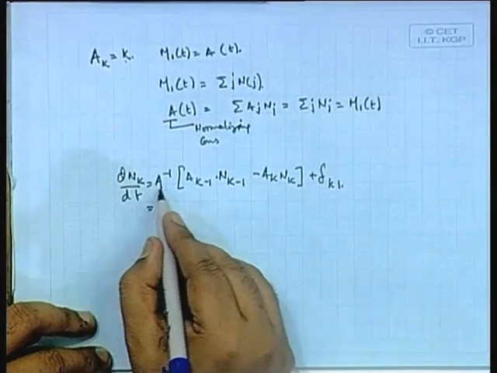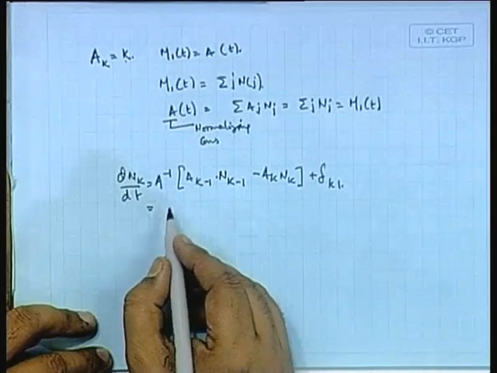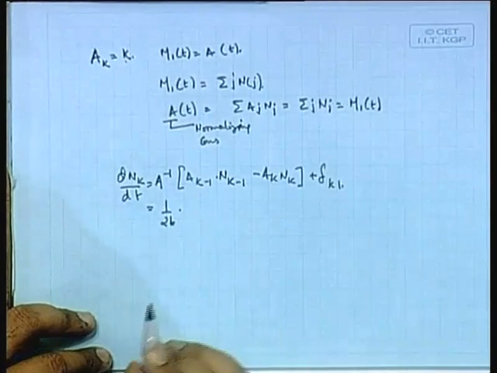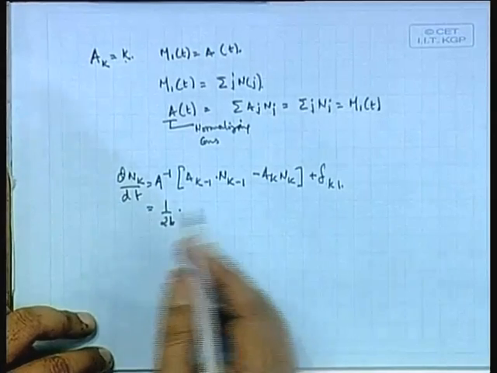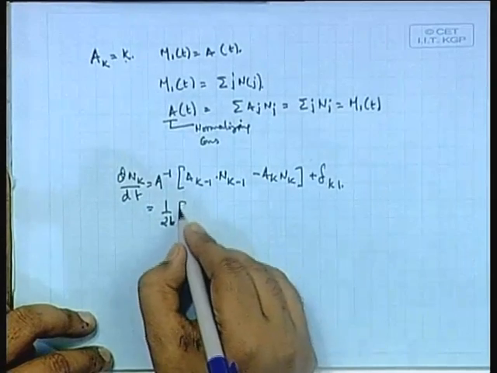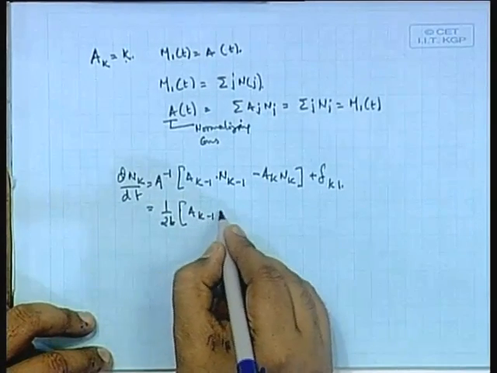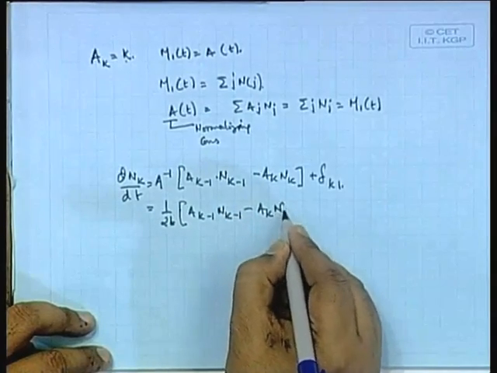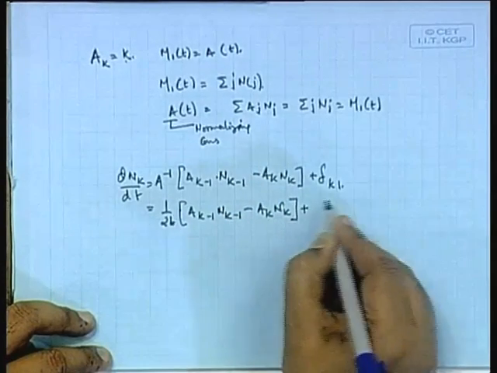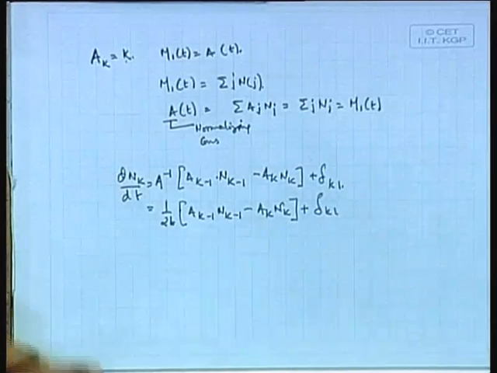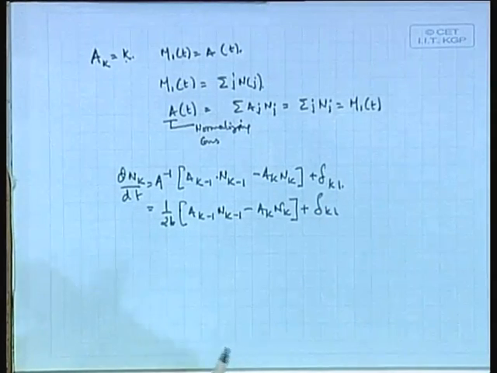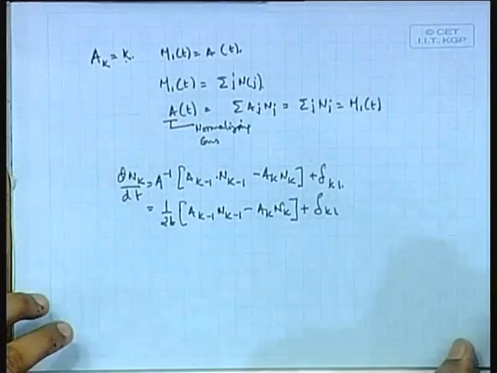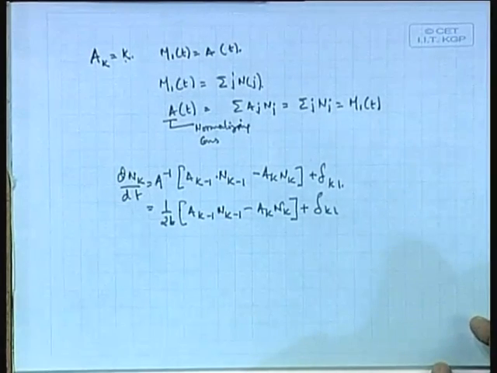So now A inverse, what does this become? 1 by 2t, because m1(t) is 2t. So the equation now can be written like this. Clear?